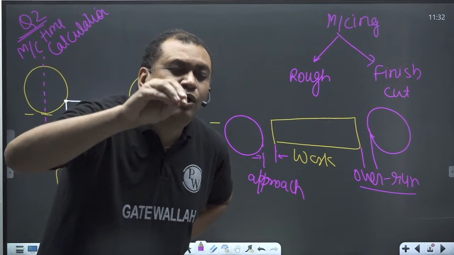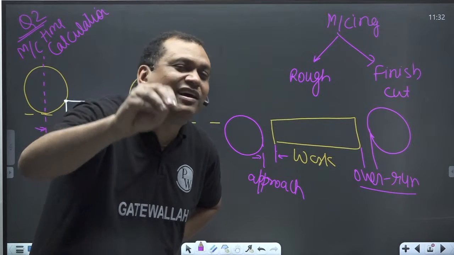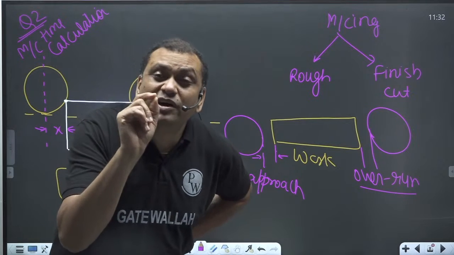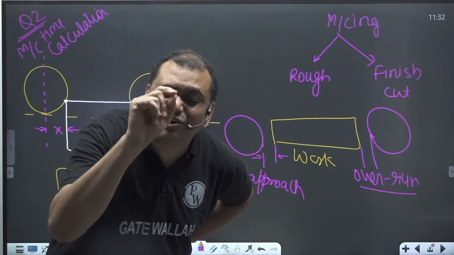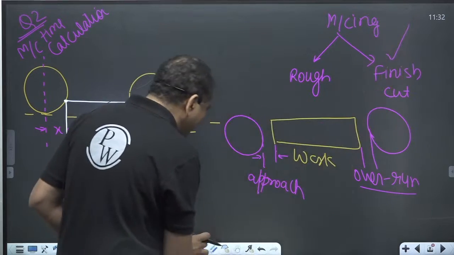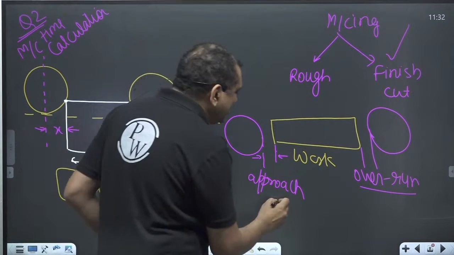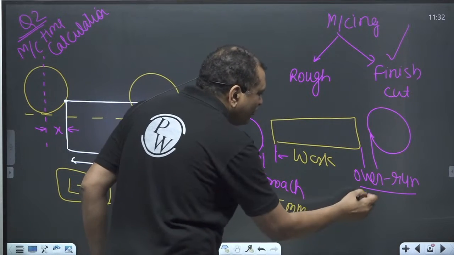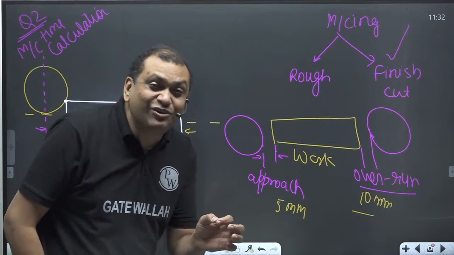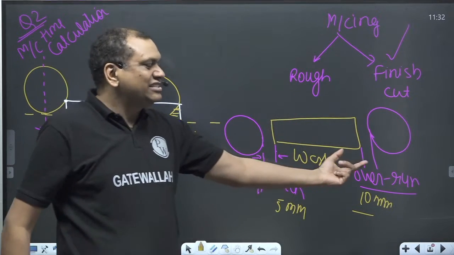When numerical values of approach and overrun are given to you, it means it's a finish cut. Numerical value means, let us say approach 5 mm, overrun 10 mm. Situation will be like this.